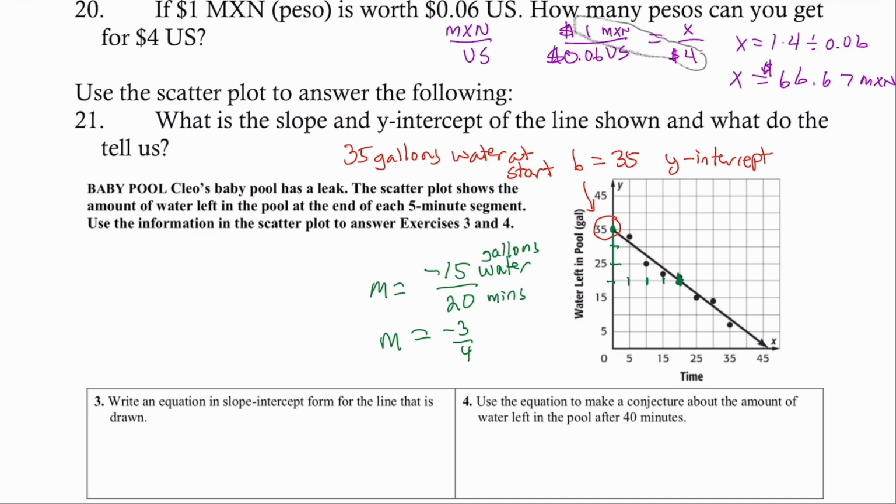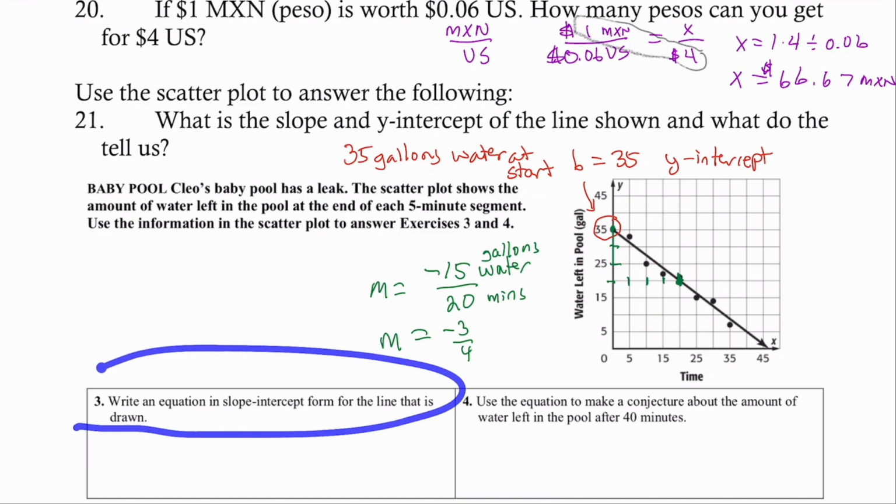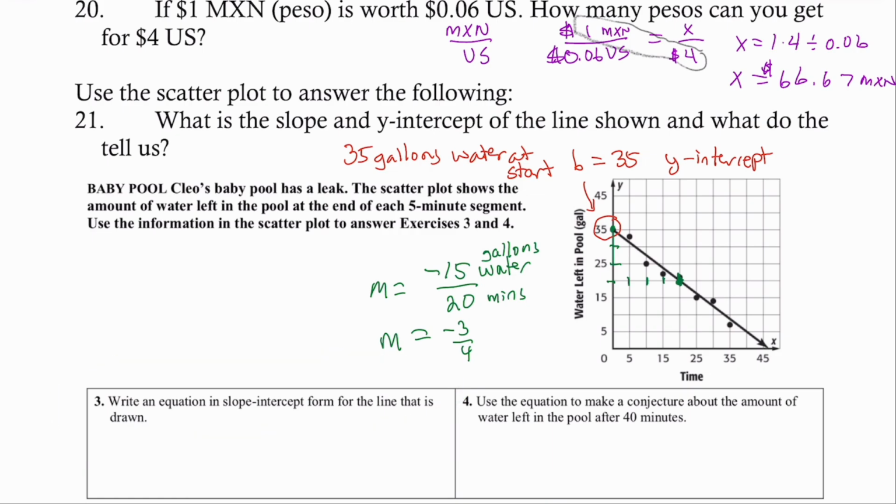So it says down here to write an equation in slope-intercept form of the line. Well, what's great is we found the slope, we found the y-intercept, so our slope just goes right here. It attaches to our x, it's the coefficient on our x, and our b goes right here.